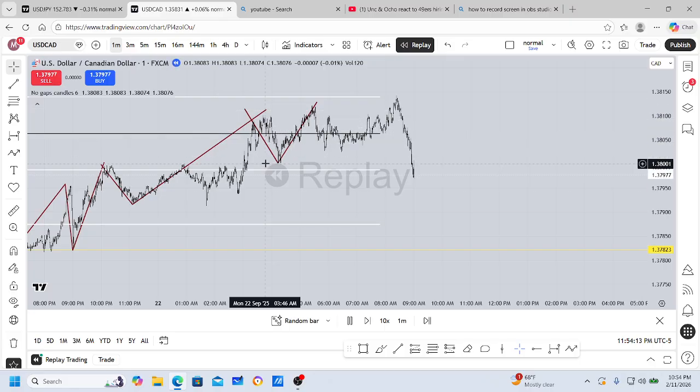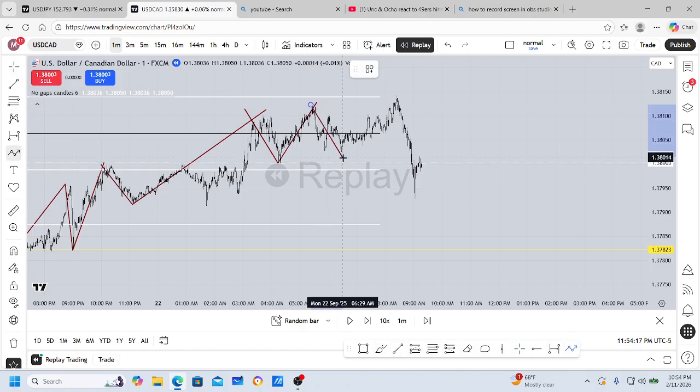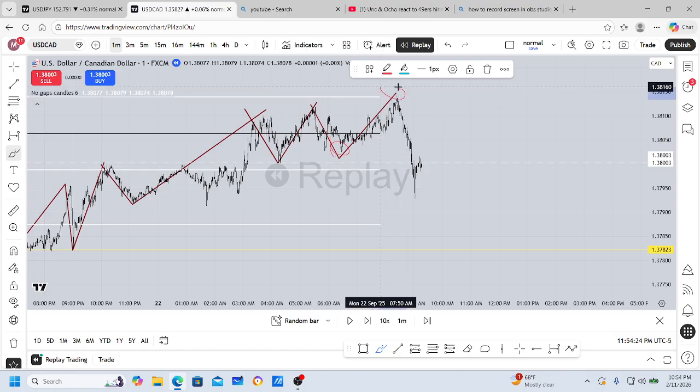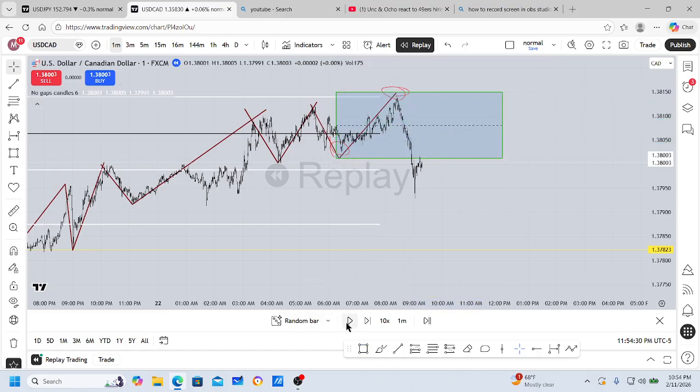A 6 swings. Wham! So if you think I'm lying, backtest this yourself. But 6 swings. Now guess what? The zone is formed.